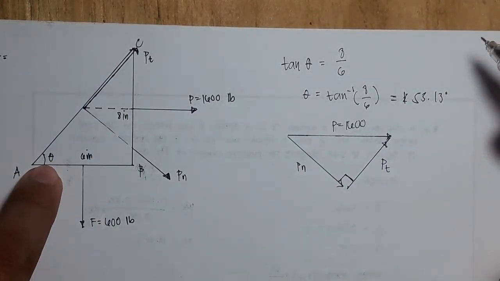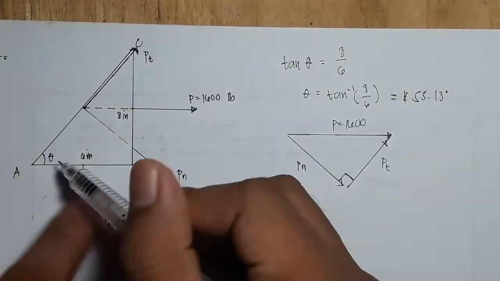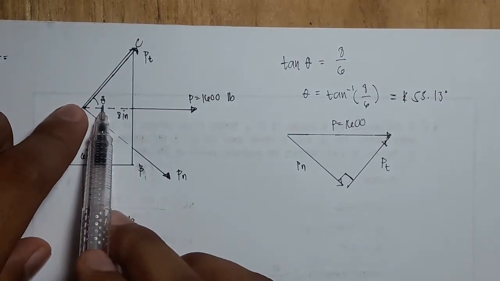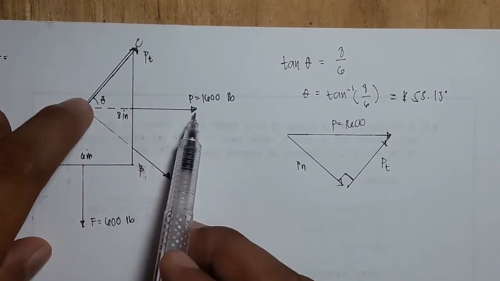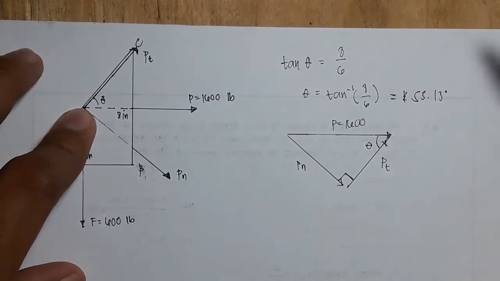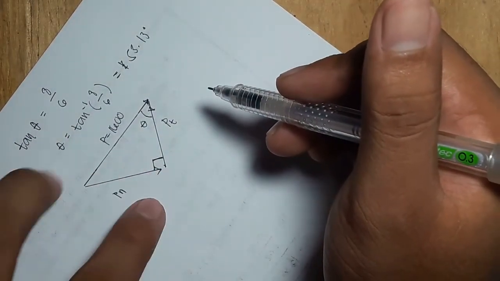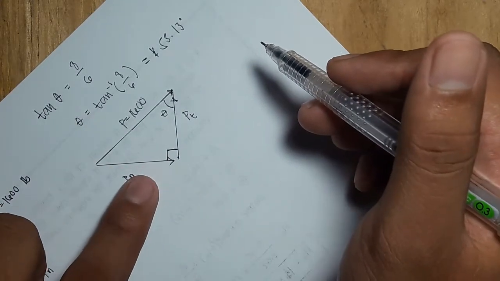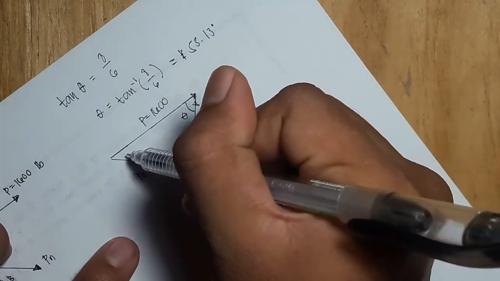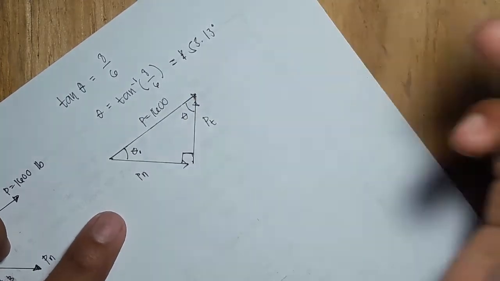We already solved for theta. If this is theta, this also would be theta. The theta is the angle from PT to P. In my case, I want to use this other angle here, so I solve for it.